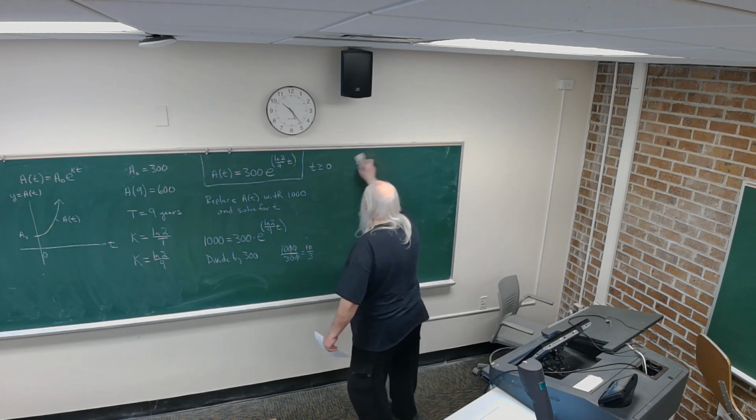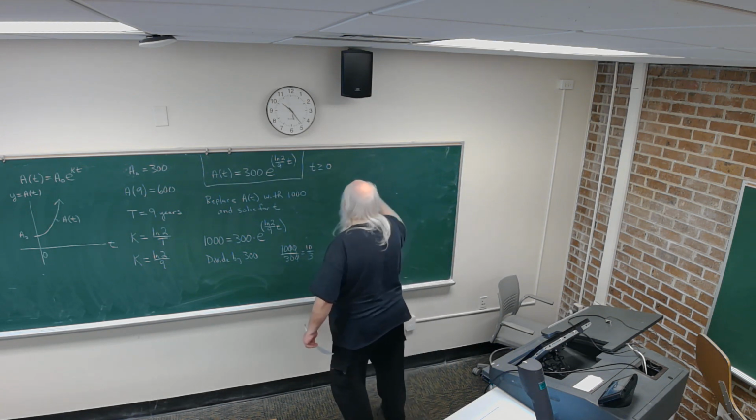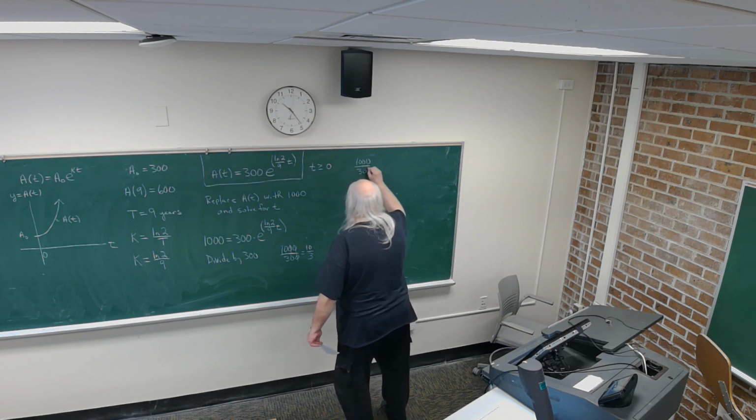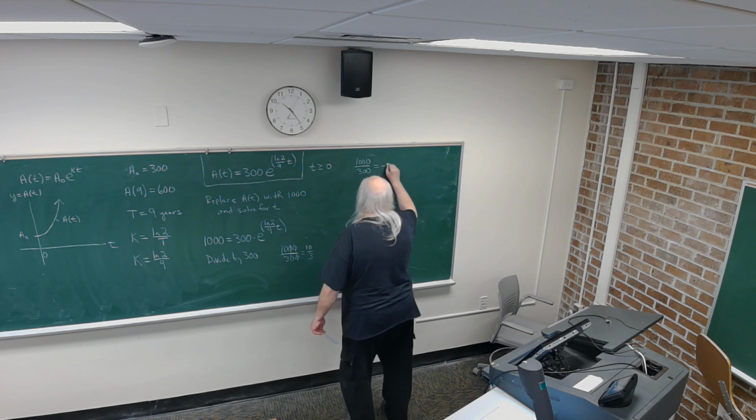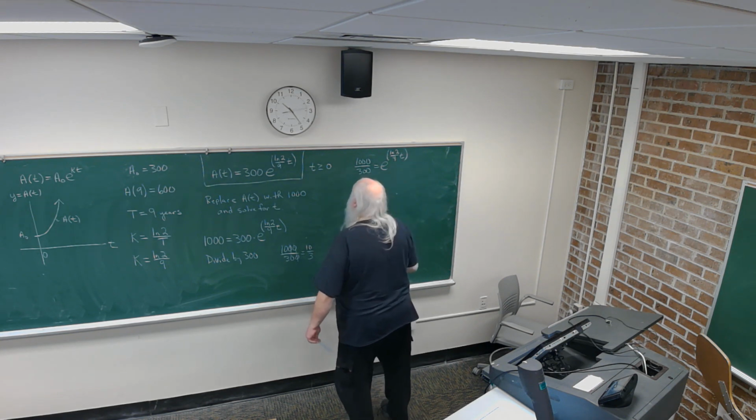Actually, maybe I'll write it out. Okay. So we have 1,000 divided by 300 is equal to E raised to the natural log of 2 over 9 times T power.